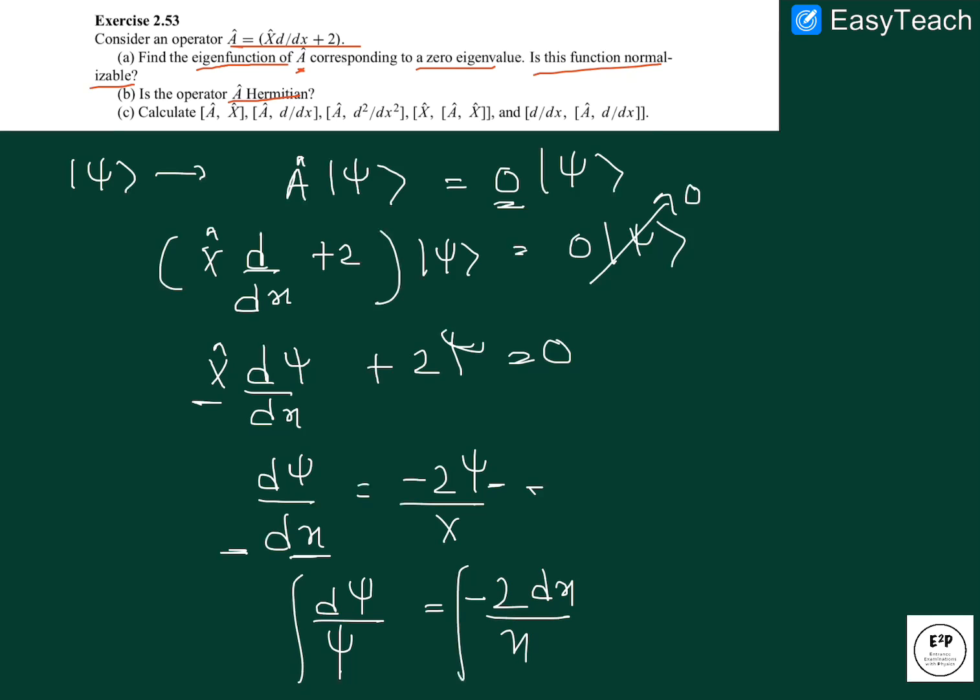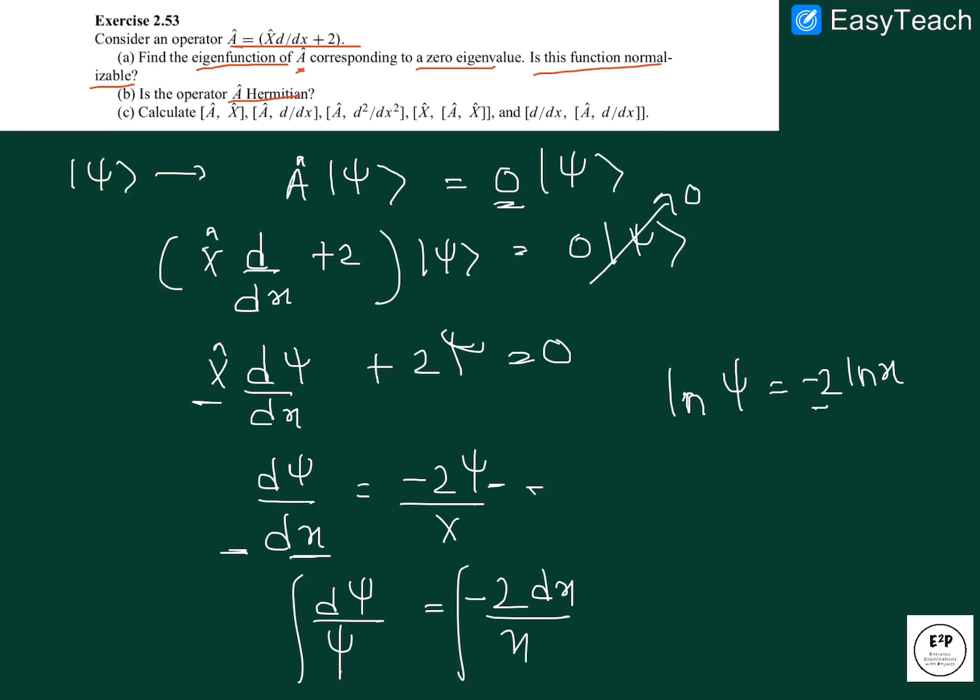Now integrating both of the sides, we get ln psi equals to minus 2 ln x. At the moment, I have refrained from adding the constant term of the integration.